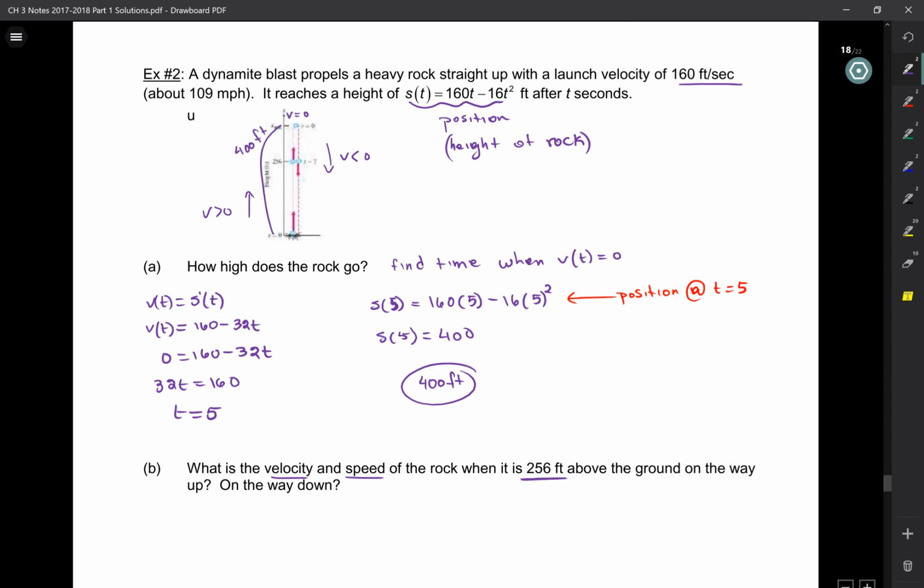When it's at 256, which is right here, going up, what's its speed and velocity? And then what about on its way down when it hits that point again? So first I want to know, at what time did it reach 256?